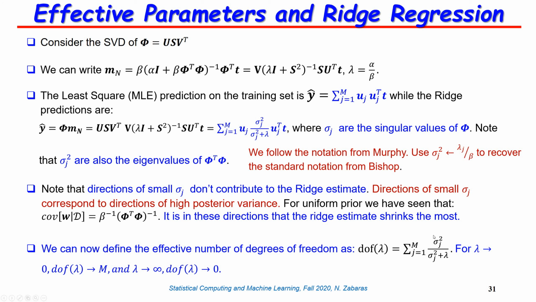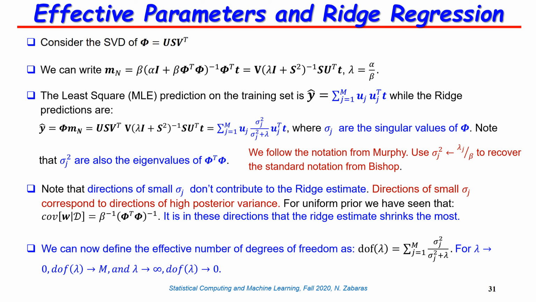that this term will be very small. So effectively what I am telling you, looking at this decomposition of the Ridge solution in the directions of these eigenvectors uj, is that the component of the Ridge solution in the j direction, if sigma j is very small, is 0. And that means that those sigma j's don't contribute to the Ridge estimate.